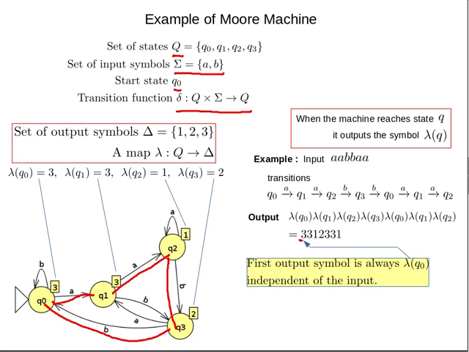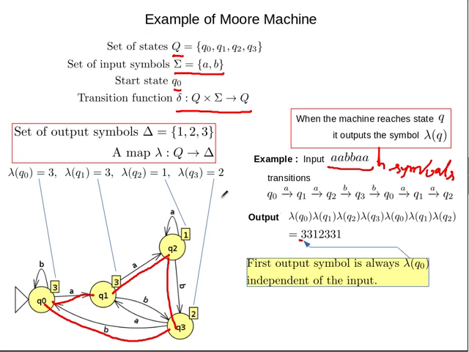One point to notice is that the first symbol is independent of the input. Also, if you have an input of length n, with n symbols, then how many states do you have here?